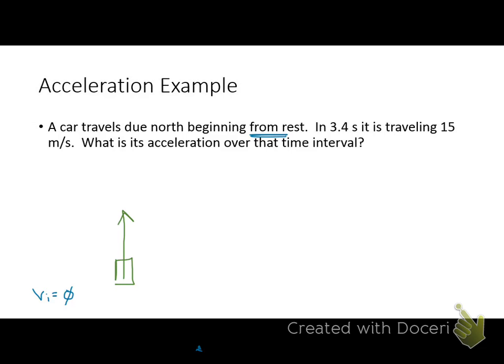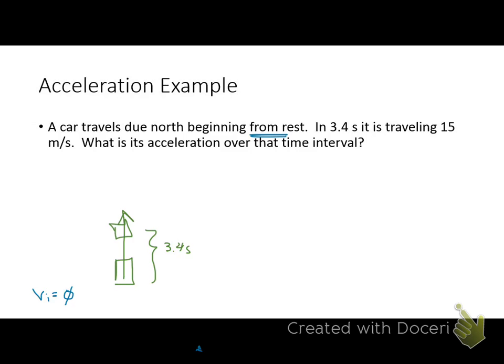I'm going to draw another car up here. Maybe I need a bigger diagram. There's my other car up here. And in 3.4 seconds, now it's traveling at 15 meters per second.